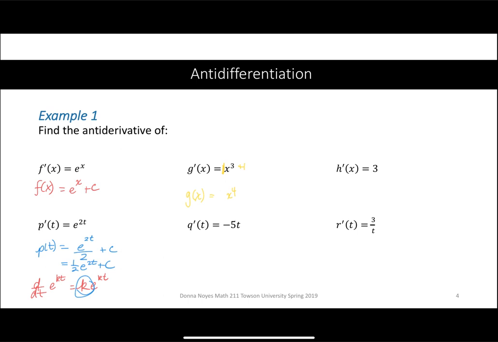So that would have been a 1/4, or dividing by 4, because now if we took this derivative, we would have 1/4 times 4, which gives us the 1 that we were looking for. And then the x to the fourth would go down by 1 to 3, and we would get x cubed. So that would work. And we can't forget our constant, because remember, the derivative of any constant is 0.